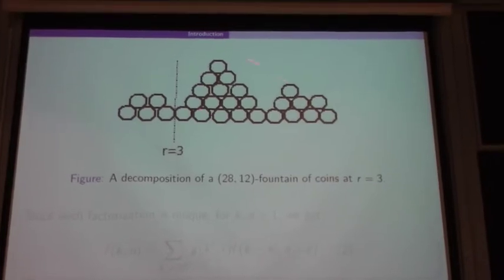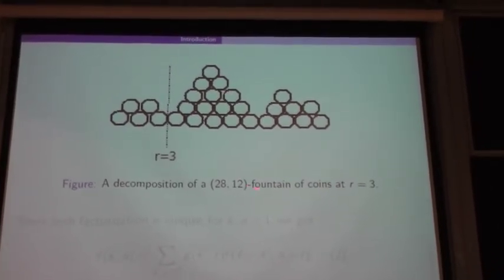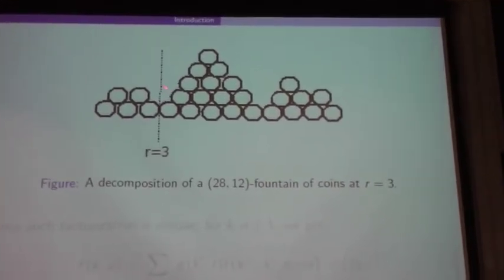If you look at the example that I showed you before, the 2812, the first empty position is at R equals 3. So you draw a vertical line there and you split it into two. The one to the left is always primitive, the way you split it. But the one to the right is not necessarily primitive. It's going to be another fountain of coins with a smaller number of coins and so on.